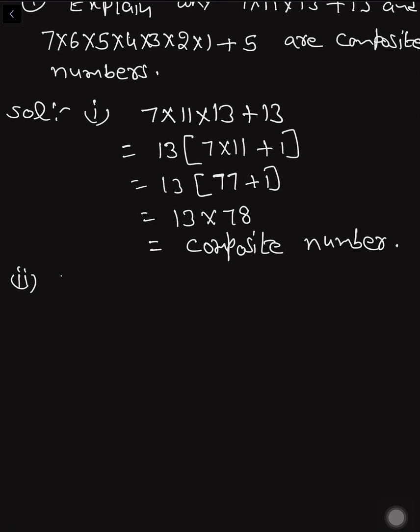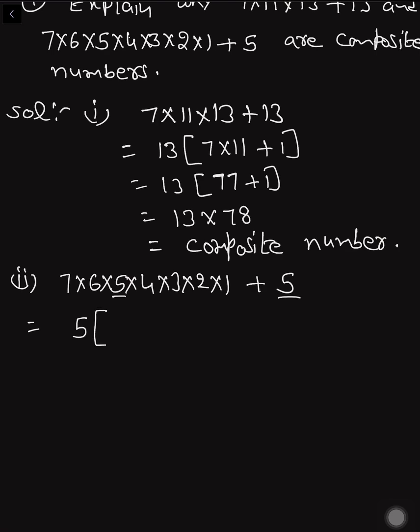Here 7 into 6 into 5 into 4 into 3 into 2 into 1 plus 5. You can observe that 5 is common in both numbers. So here is 5, here is 5. You can take 5 as a common factor.